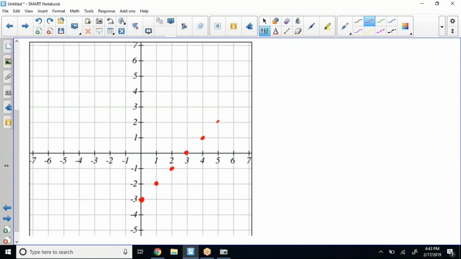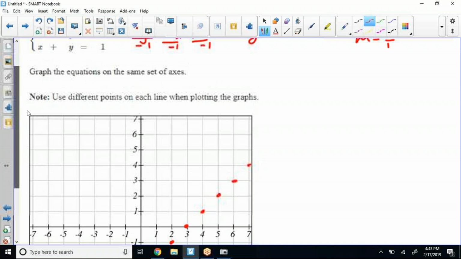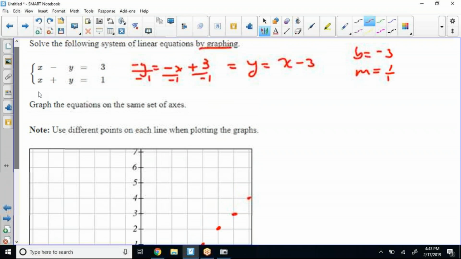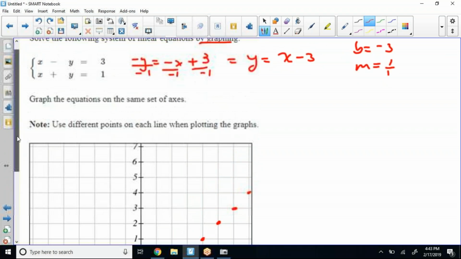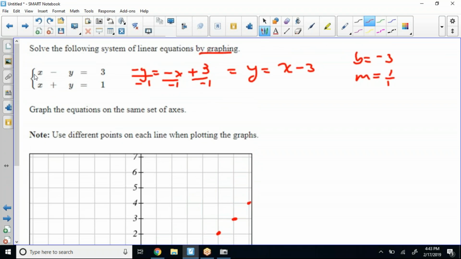Up 1 over 1 every time. Okay, so I'm just kind of putting dots there and there. Now, you could also, because it's in standard form, you could have used x and y intercepts if you wanted to.